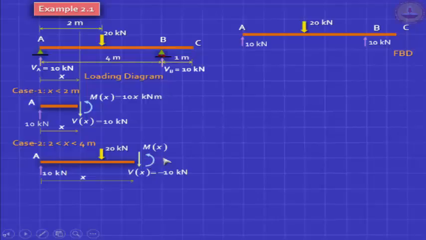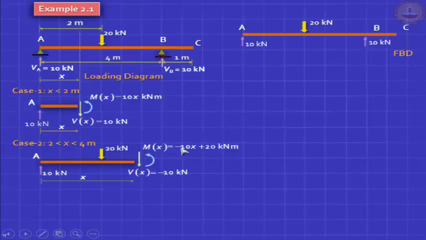And your moment will remain sagging, and you can write an expression. So 10 into X minus 10 into X because this is the direction and plus 20 into. So you have to write the whole expression 20 into X minus 2.